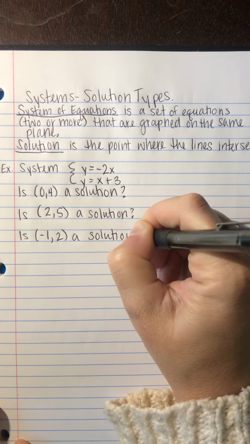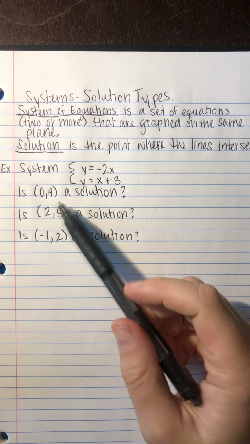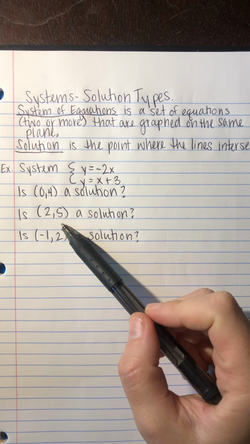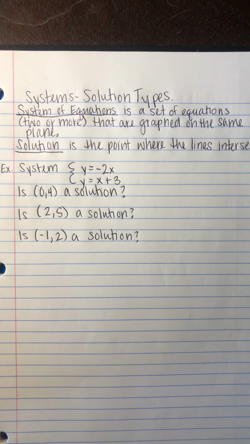Now, because we are talking about linear equations here, if you have two lines, they're either going to intersect once, none, no times at all, or they can intersect infinitely many times. So that's what we're going to talk about next. We're never going to have two points that are a solution for a system of linear equations, because your lines aren't going to intersect more than one time.